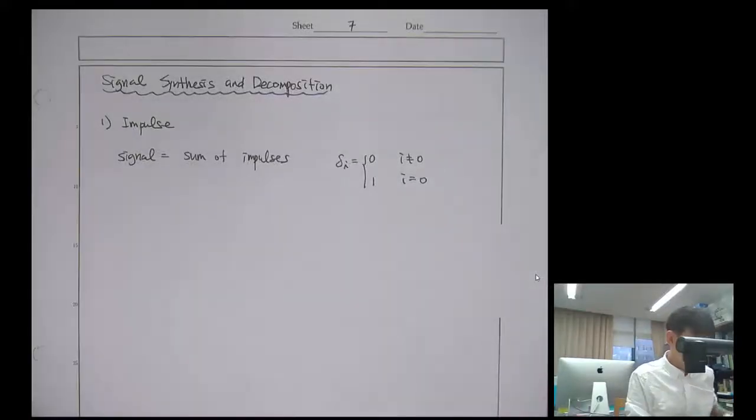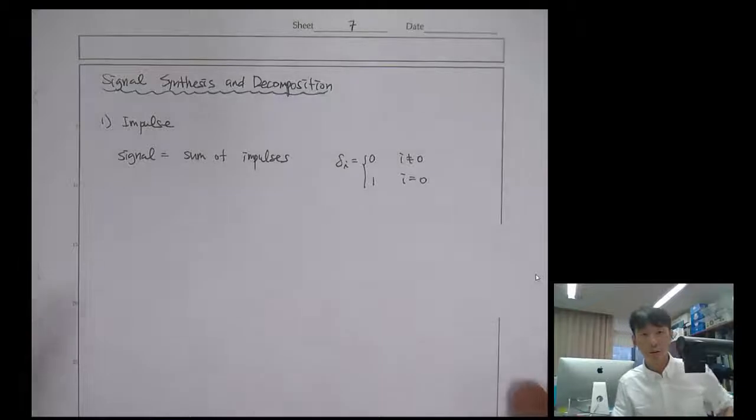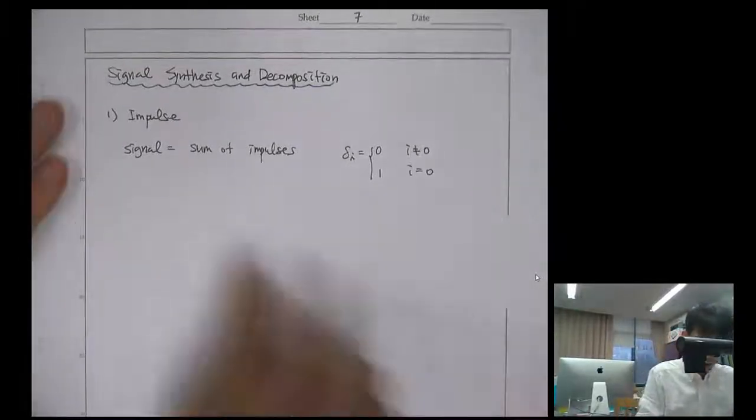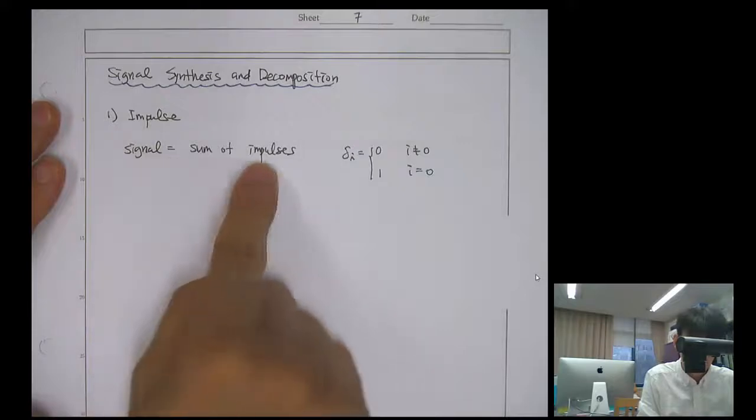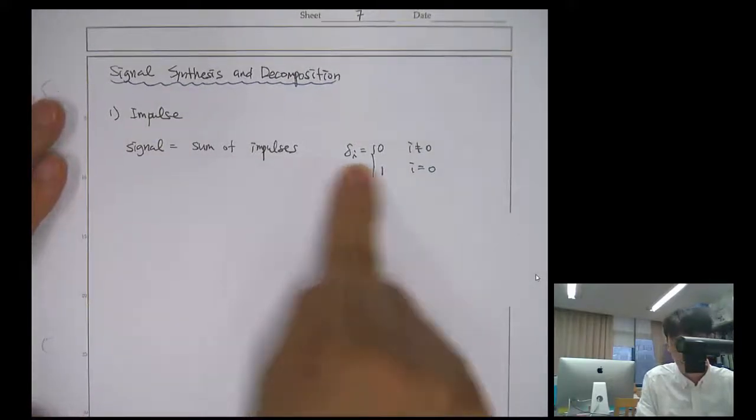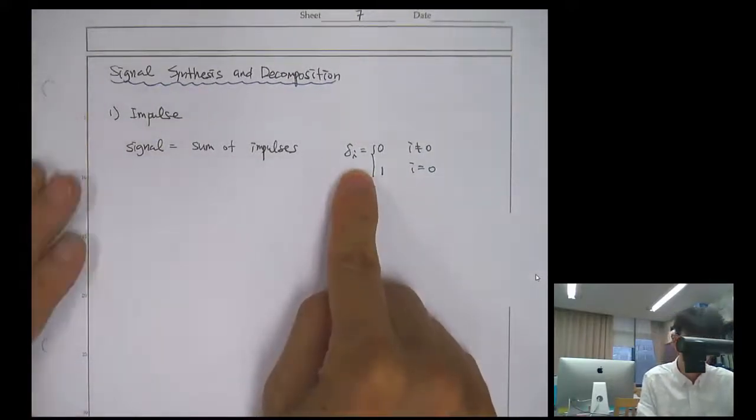Okay, next topic is signal synthesis and decomposition. The signal can be expressed as the sum of impulses, and the impulse signal is the delta that we've seen.